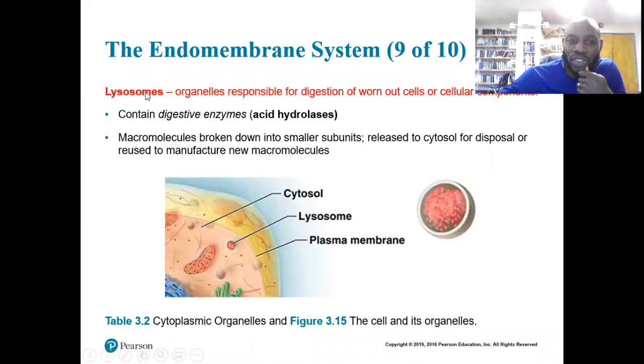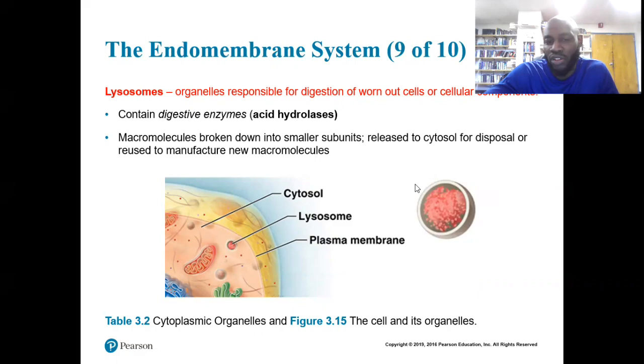Lysosomes. Organelles responsible for digestion of worn out cells or cellular components. They contain digestive enzymes, and also have membranes. Therefore, we don't want the insides of the lysosome just floating inside the cell. They contain acid hydrolases. So when part of the cell is worn out, it needs to be broken down, destroyed, and it goes to the lysosome.